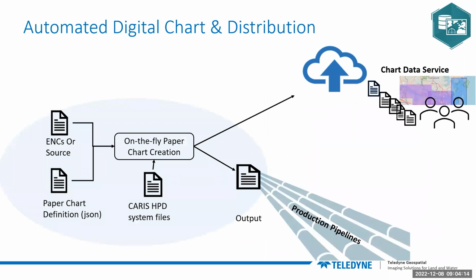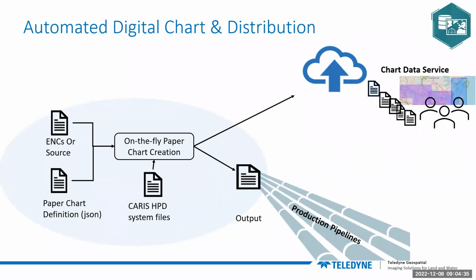So what are we speaking to when we're talking about an automated digital chart? Now, of course, we're all looking to make savings and improve efficiency in the way that we're creating our nautical products, be that the vector products or be they paper-based products.